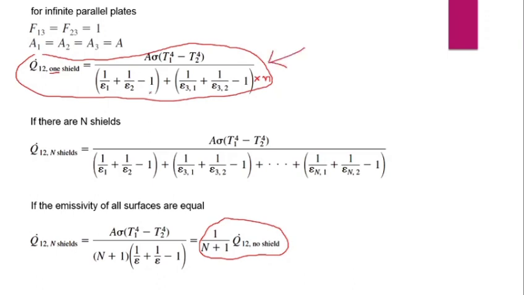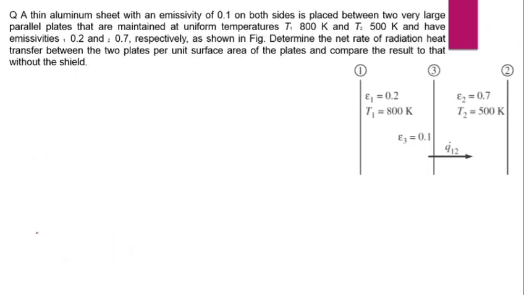Suppose emissivity of all the shields is equal to emissivity of surface. In that case, we are going to use this formula, right? Here n is the number of shields between two surfaces. Okay, and we can directly apply this formula and find out the heat transfer between two surfaces.